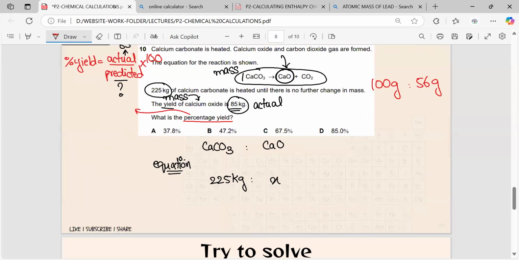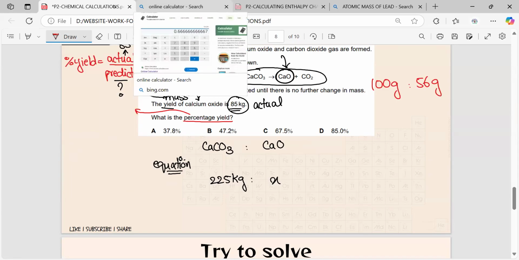If we convert them into kg, because here they have given us the actual mass also in kgs, so we'll convert this 100 and 56 into kgs by dividing by 1000.